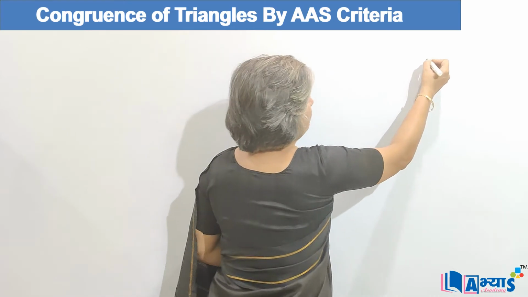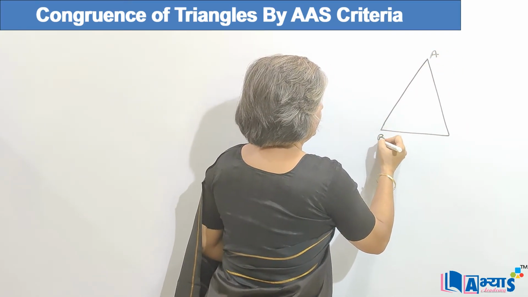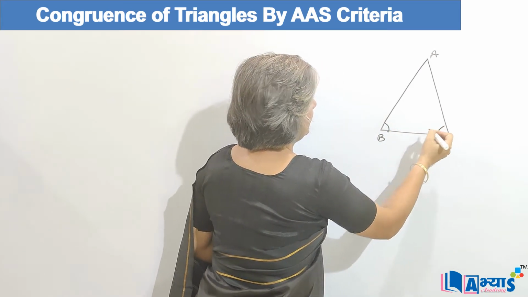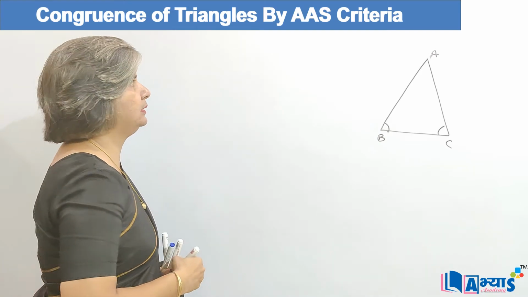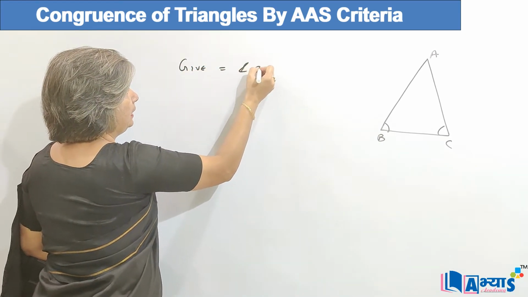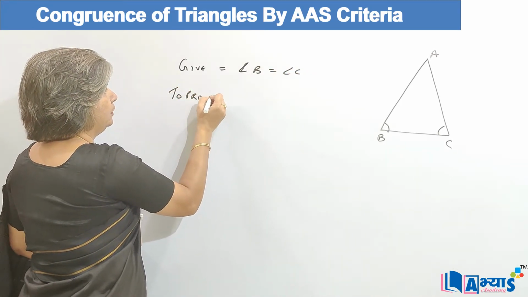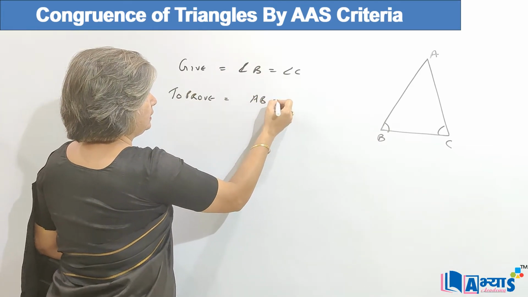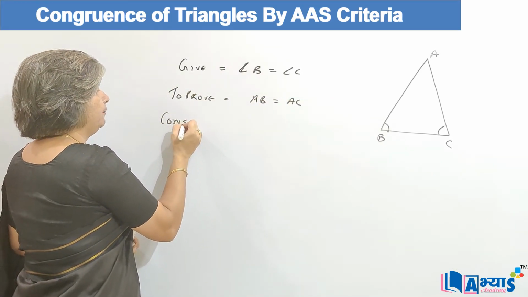Let us suppose we have been given a triangle ABC such that angle B is equal to angle C, and we have to prove that AB is equal to AC. That means it has been given to us that angle B is equal to angle C, and we have to prove AB is equal to AC. So for this we will make some construction.